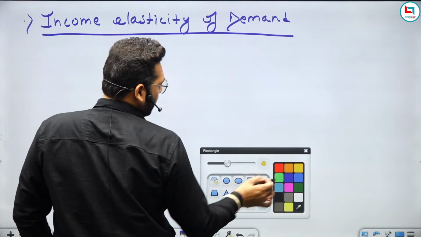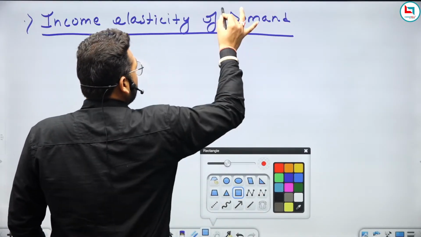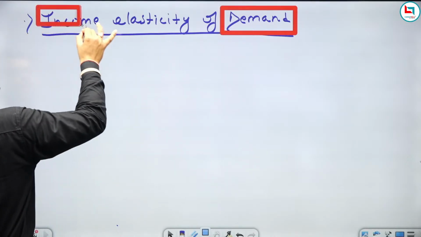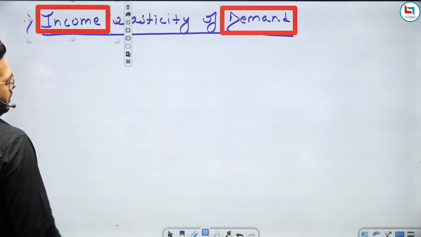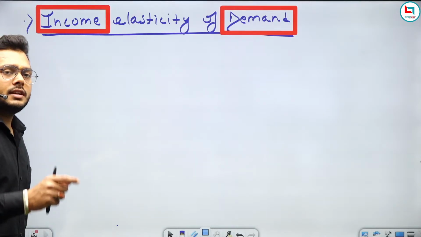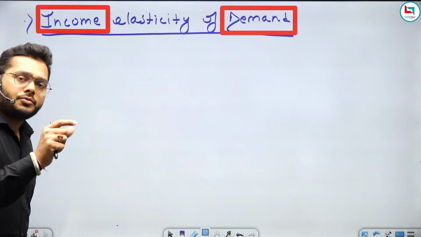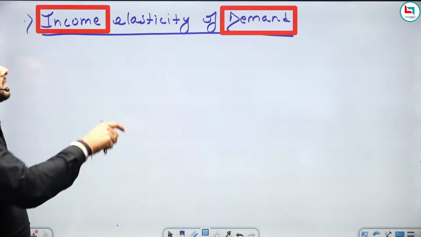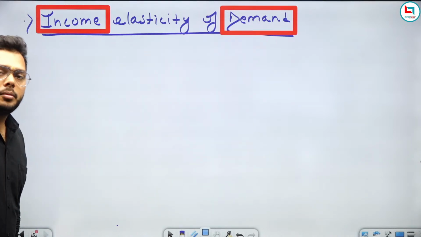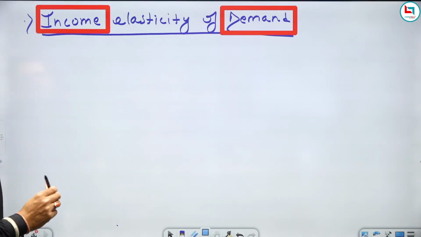I have mentioned here the demand is changing just because of income. Previously we discussed the demand changing just because of change in the price. Now we are discussing how the change in the income will affect the change in the demand.